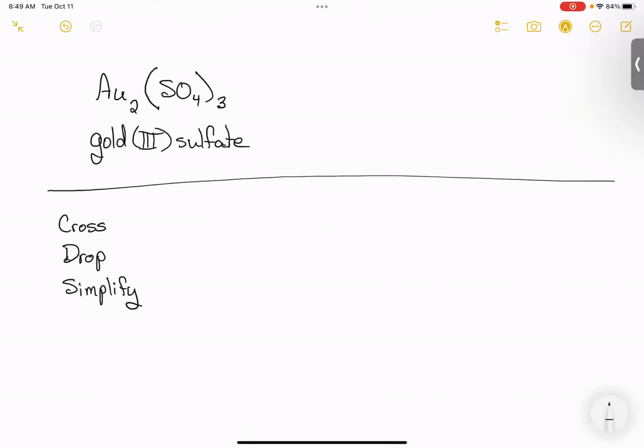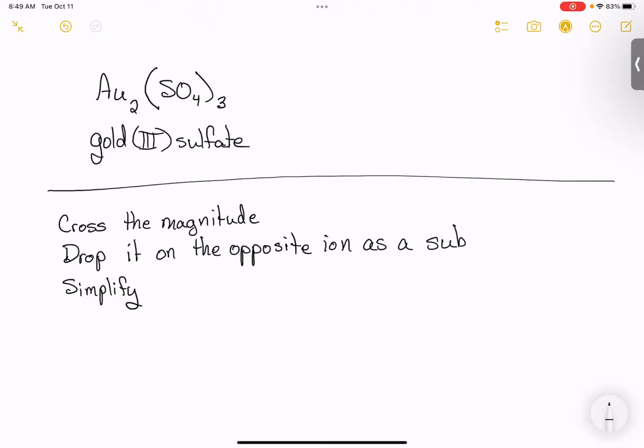So you're going to cross the magnitudes, drop it on the opposite ion as a subscript, and then simplify if needed.